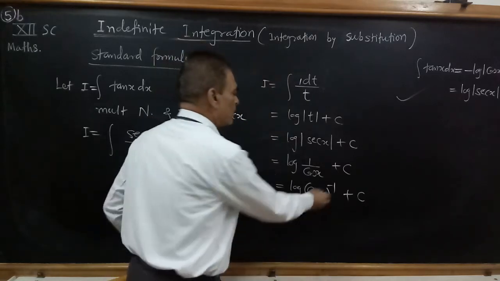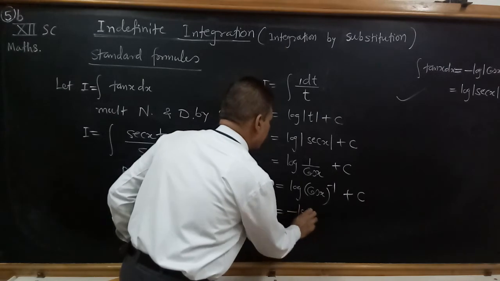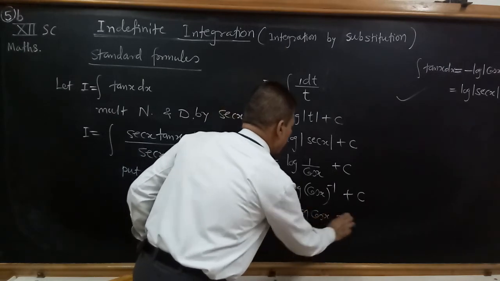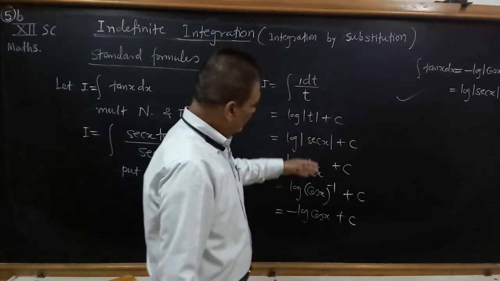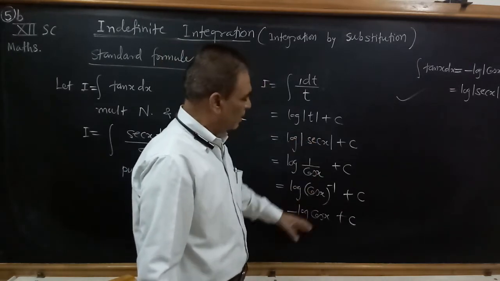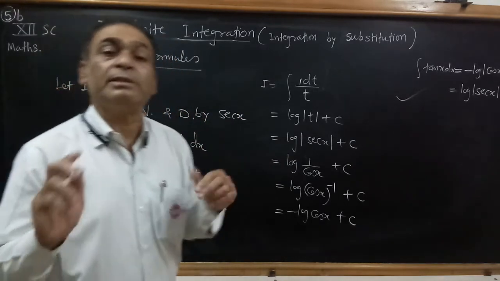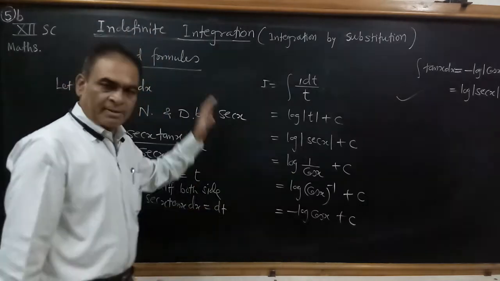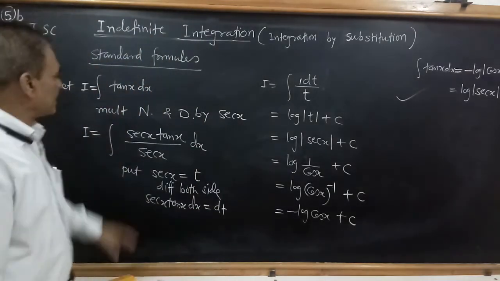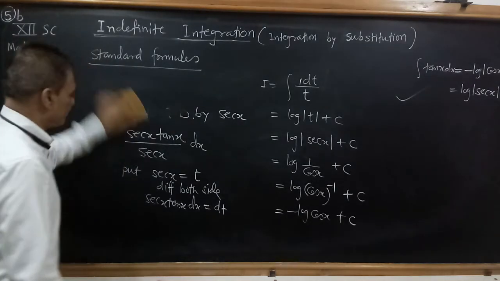Apply the third rule of logarithm, this negative sign takes in front of log: minus log of cos x plus c. Means after simplifying two or three steps further, you will get the same formula. Only looking like different formulas, but both are the same. Got it? This is one of the standard formulas, integration of tan x dx.